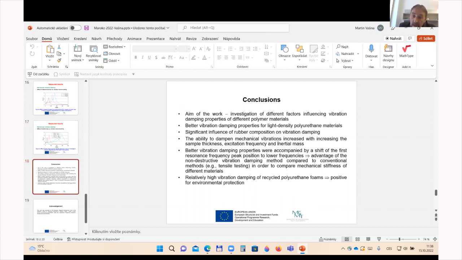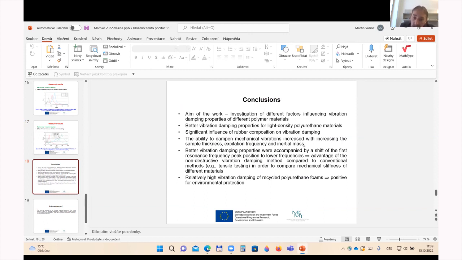So, shortly, the conclusions. We studied the vibration damping properties of different polymer materials. It was found that better vibration damping properties were found for high density polyurethane foam materials.